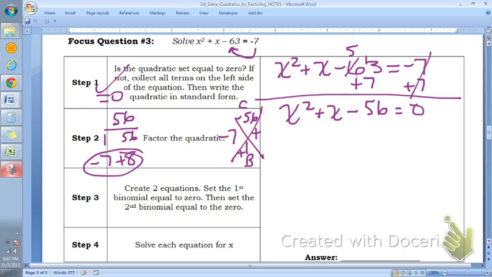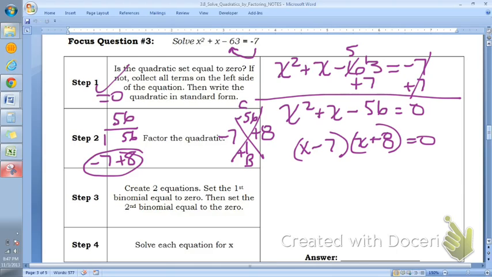So I didn't write down all the factors. I just knew that 7 times 8 equals 56, but their difference is only 1. Or the sum of them, if one's negative and one's positive, is equal to positive 1. So in factored form, this expression would be equal to x minus 7 and x plus 8 is equal to 0.